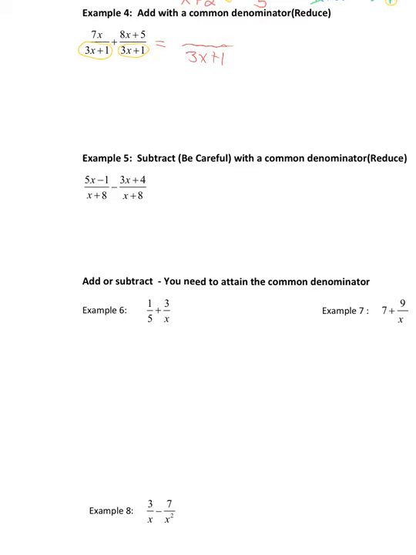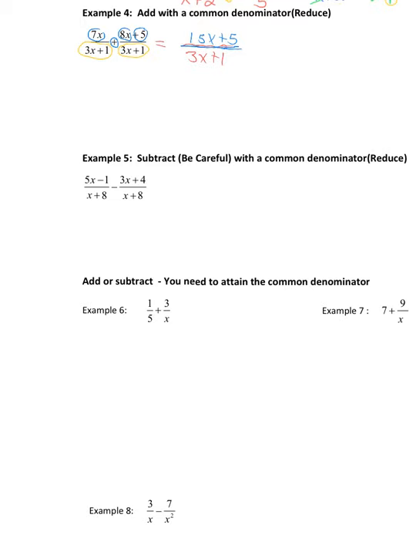And I combine my numerator parts together with the plus sign. So I've got 7x plus 8x, that's 15x plus 5. So my numerator is 15x plus 5. My denominator is 3x plus 1.